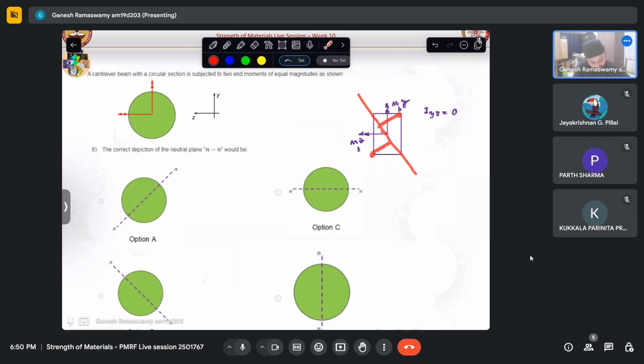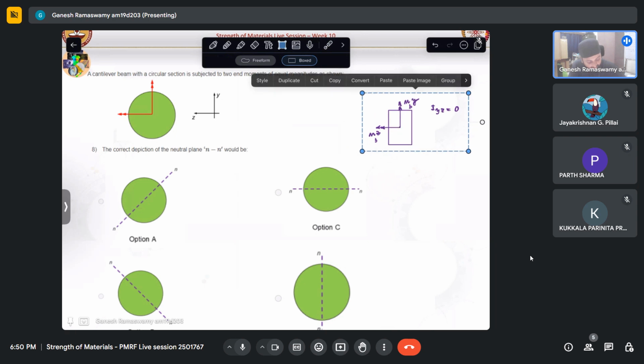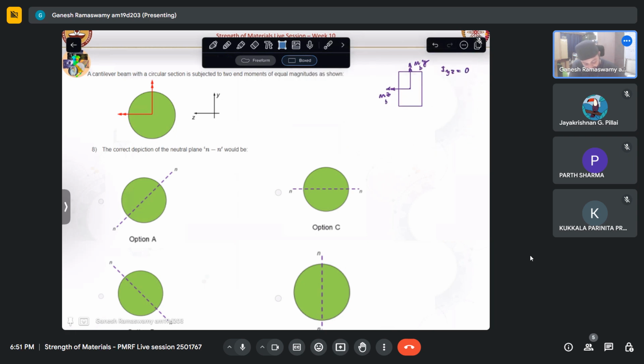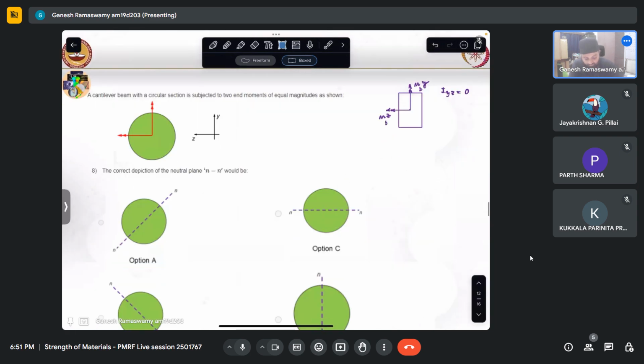So for that case, we may have to plug in both the coordinates y, z into the equation in order for us to calculate the net stress, which includes the effect of MBY and MBZ. So in such a case, let us try to understand how to actually find out where the neutral axis position will be.